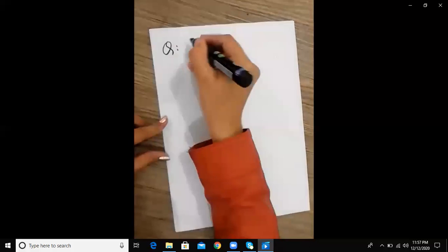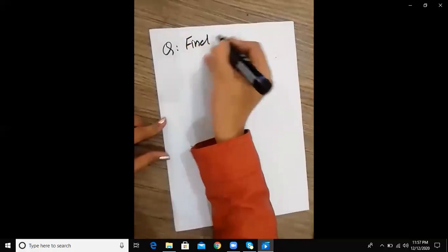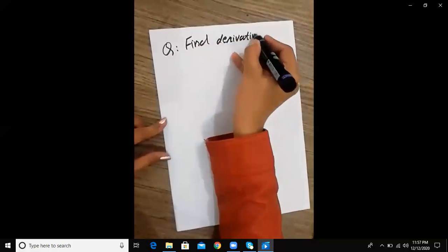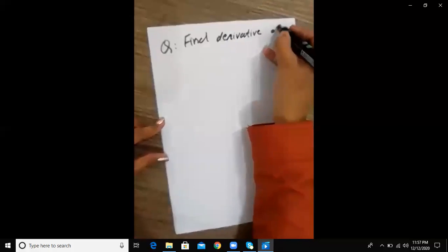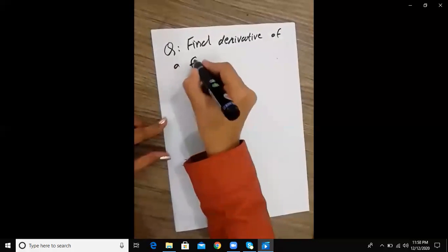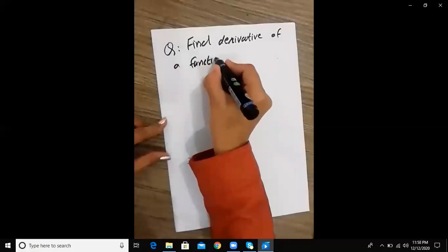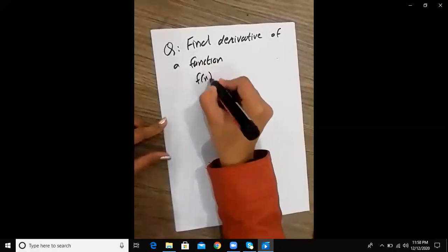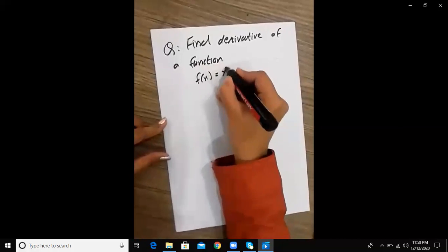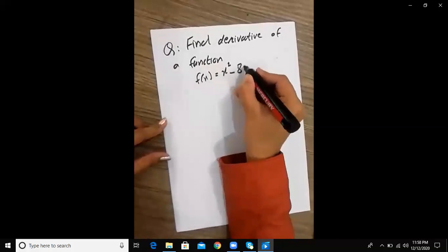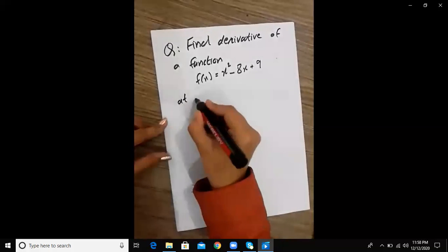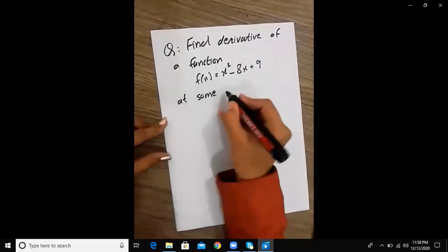Now we will do some exercises. We will apply the definitions to find the derivative. So the question here is, find the derivative of the function f of x equals x square minus 8x plus 9 at some number a.